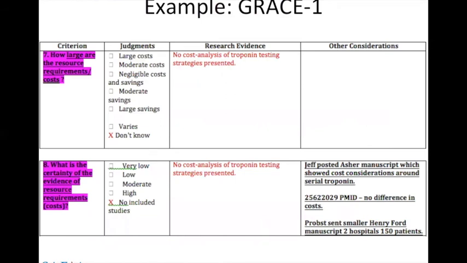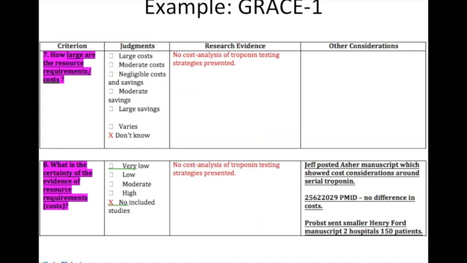So from GRADE group 1, this was easy. There was nothing. How large are the resource requirements and costs for the single troponin versus serial troponin literature assessment? The group didn't know because there was no cost analysis of troponin testing strategies that they could find at all. Question number 8, the certainty of the evidence. Well, that's easy. There was no included study, so there's no certainty. There were some comments that there was a manuscript that showed some cost consideration on serial troponin.